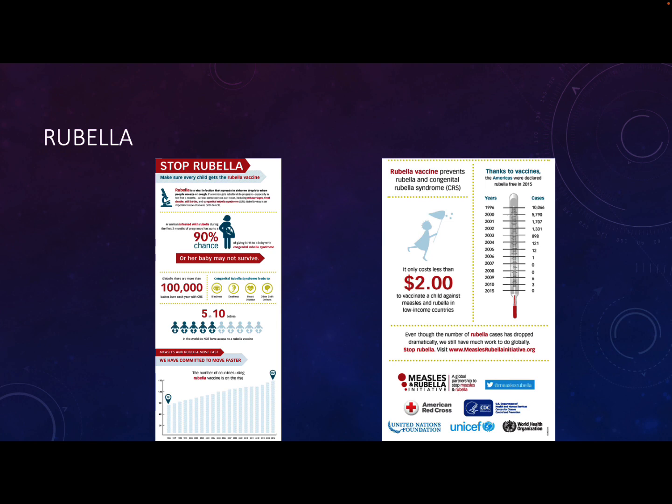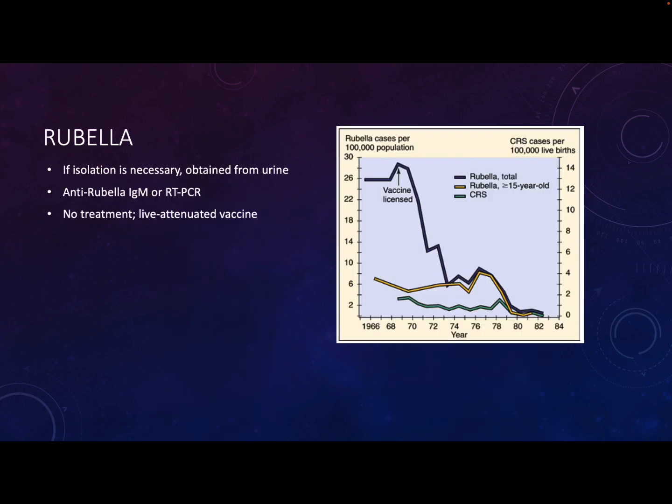So it's a really, really high risk. And the vaccines are relatively inexpensive, $2 to vaccinate a child against rubella. So they are still trying to vaccinate worldwide. The Americas were declared free of rubella in 2015.